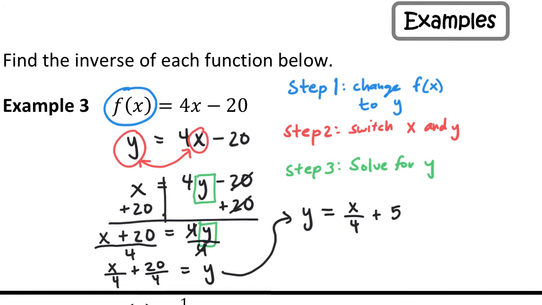And actually there's one more step, step 4. So let's see, what does step 4 say to do? So step 4, I'll write it over here. It says replace y with f inverse x notation. So I'm going to circle what I'm going to replace.